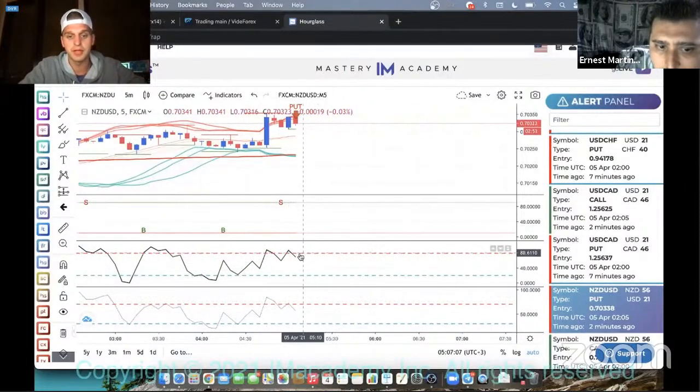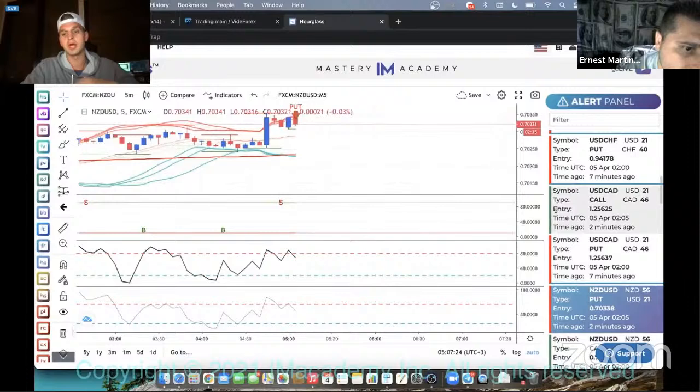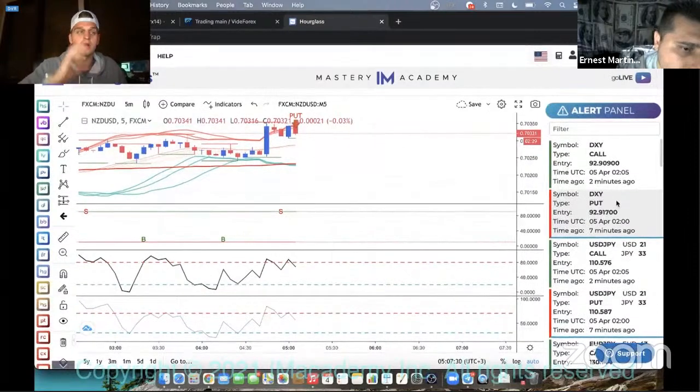But if these weren't crossing down, I would not just take it off of the arrow, right? Because if you can take the arrow with the currency strength meter in your favor, you can win a really good amount of your trades. And so if you guys are brand new, every time Cash Trap kicks out a trade, these aren't all trades to take, right?